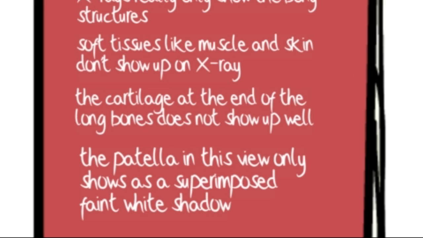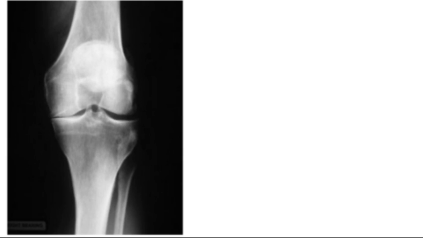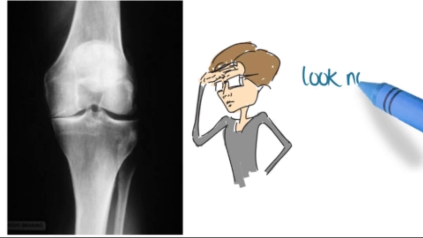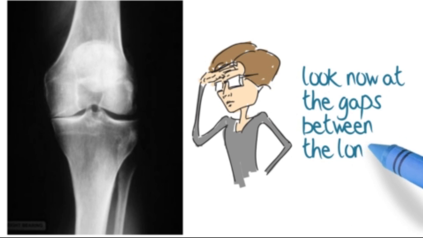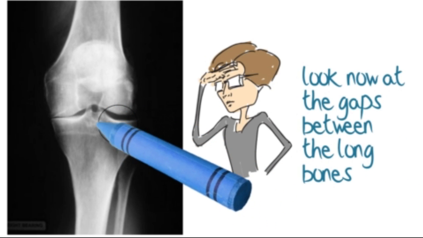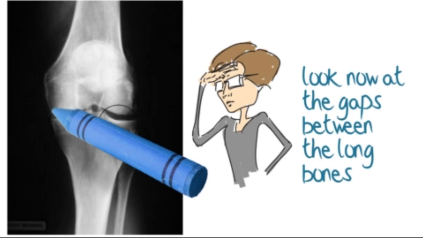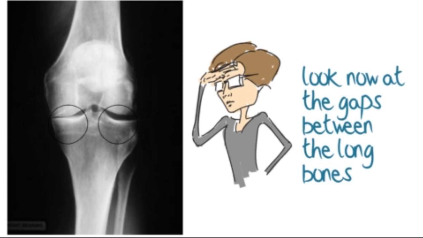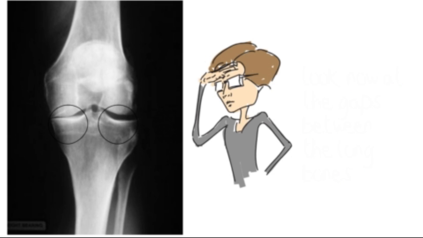As I've mentioned, the doctor has to make an interpretation of what's visible on the film. If you look here at the apparently black space between the femur and the tibia, there is clearly a gap between them. The gap on the 2 sides here is not the same width. On the right of the picture, which is the outer or lateral side of the knee, the gap's wider than on the other side, the medial side.